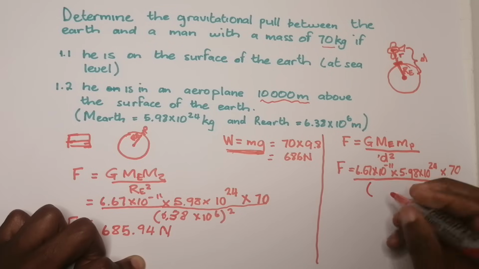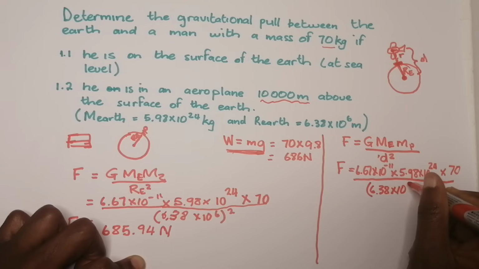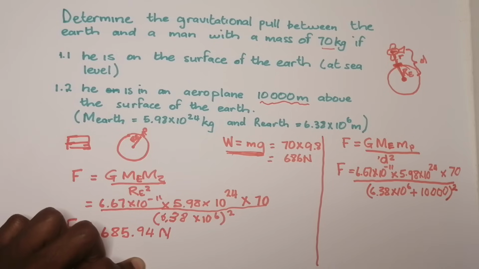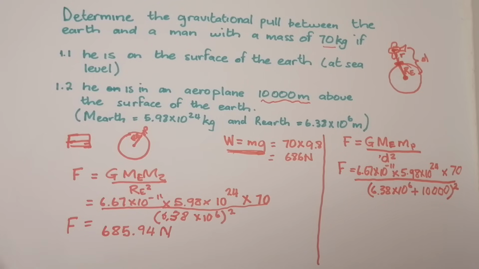So I will say 6.38 times 10 to the power 6, and I am simply going to add 10,000, and please note that's in meters. Both of them are in meters, and please don't forget, ladies and gents, you simply need to square that distance. I know you'll work it out quickly in your calculators. Tell me what you find.